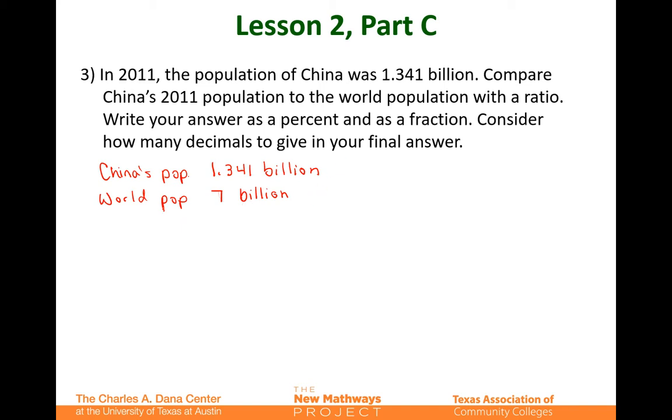But let's write it. So our ratio would be 1.341 billion to 7 billion. Notice this time we don't have to cross out all those zeros because they're both in billions. So that's one way to write the ratio. And that is, of course, the Chinese population to the world population.